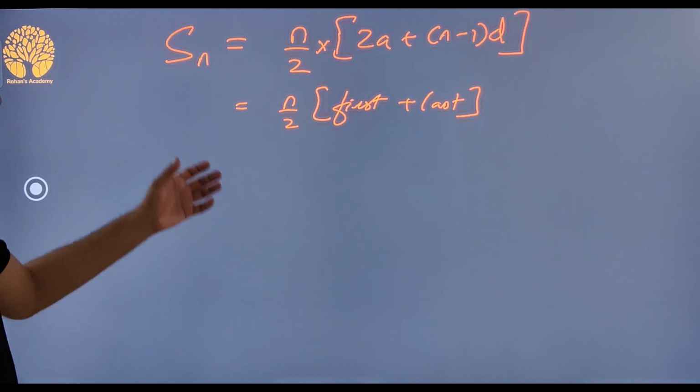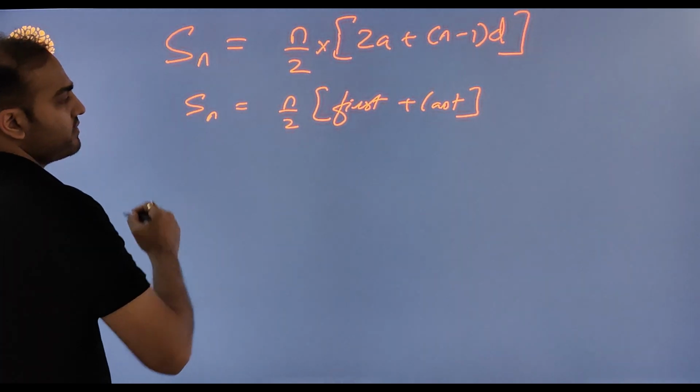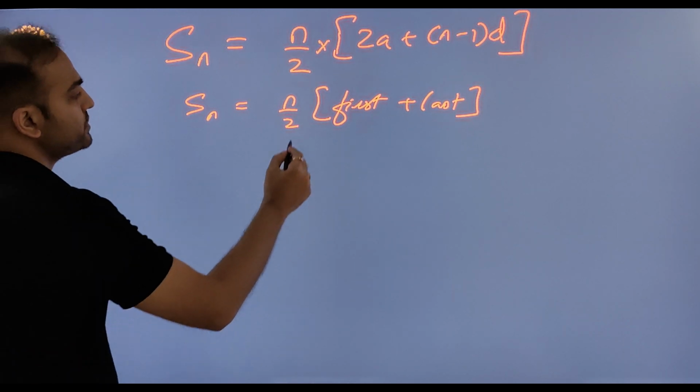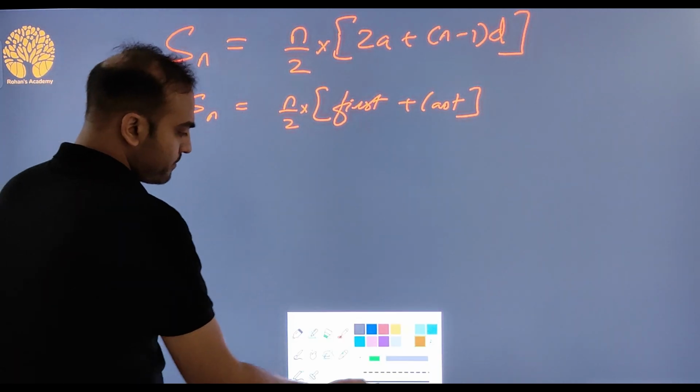You can simply write sum of n terms is n by 2 into first term plus last term.